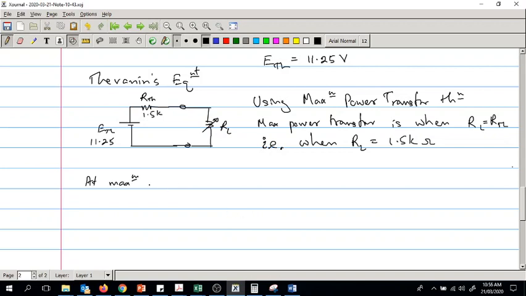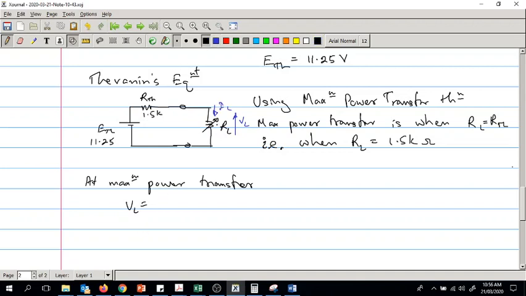Okay, at maximum power transfer, VL, the load voltage, that is VL, and this is IL.